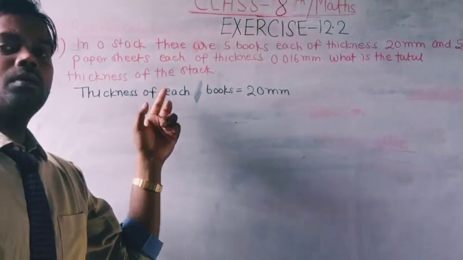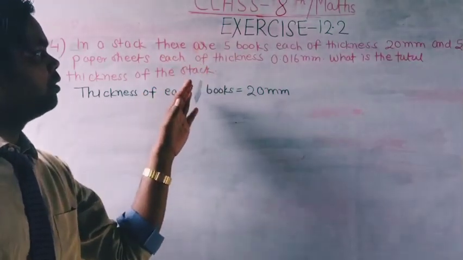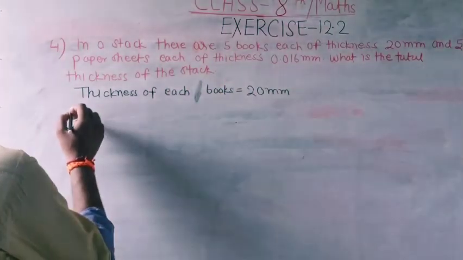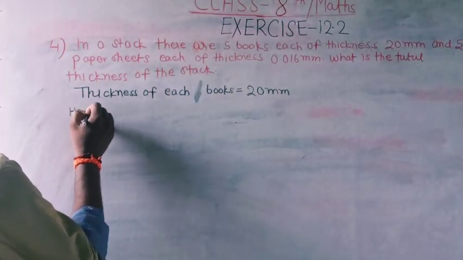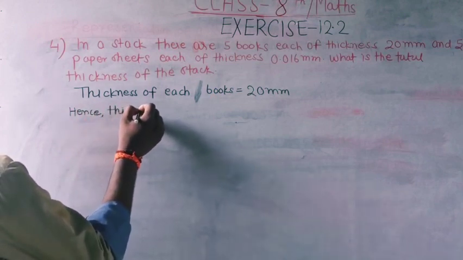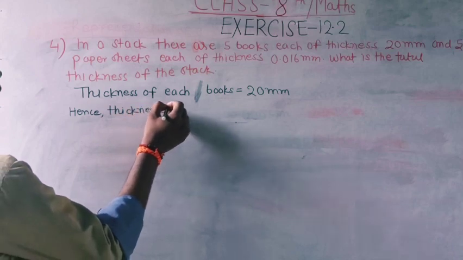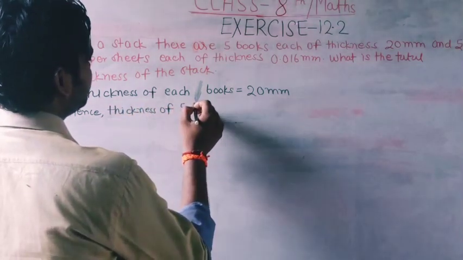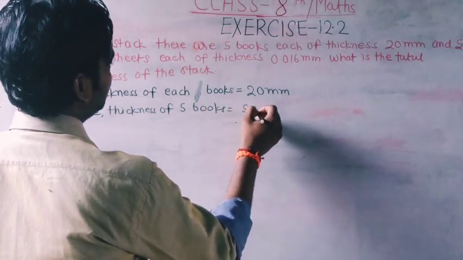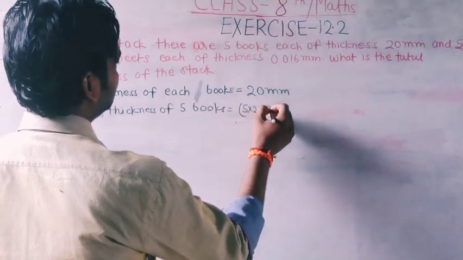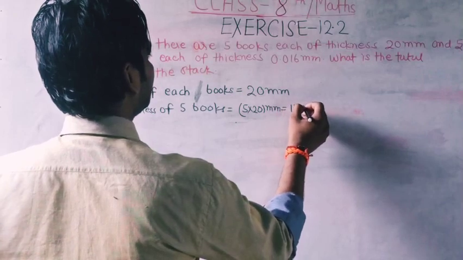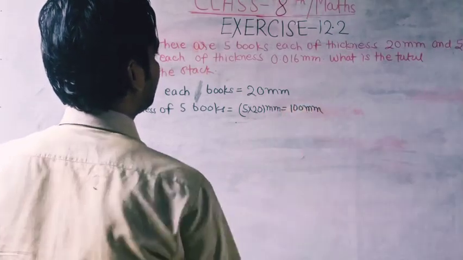Then to find the thickness of 5 books, we need to multiply 5 by 20 mm. Hence, the thickness of 5 books is equal to 5 into 20 mm, which is equal to 100 mm.